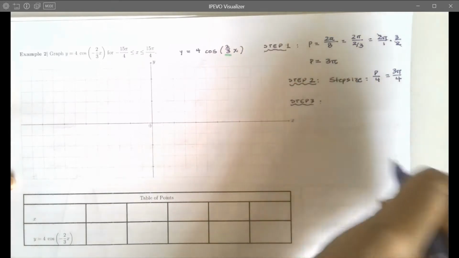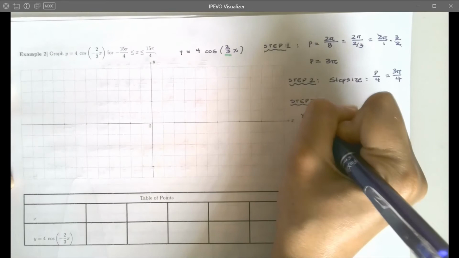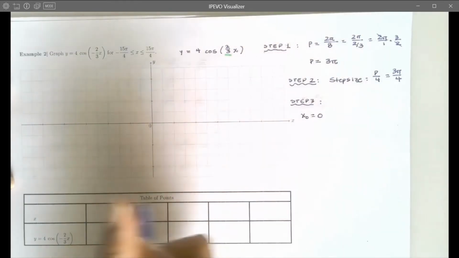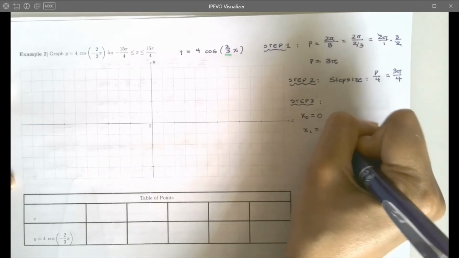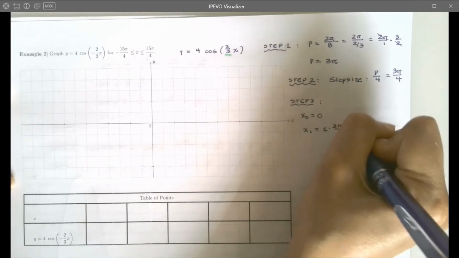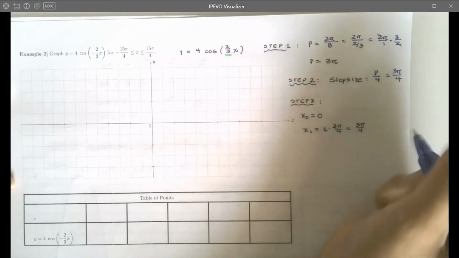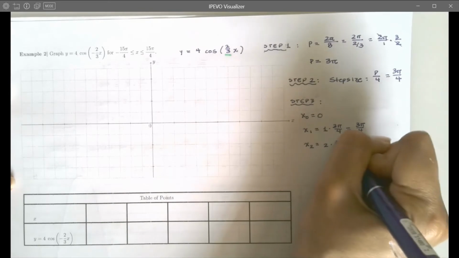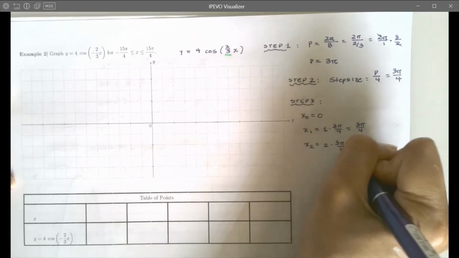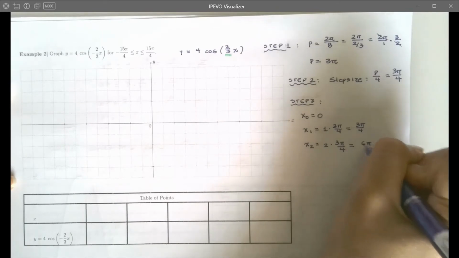Well, next step is to find the x values, starting with x0 being 0. Okay, then x1 we can find by taking the step size and multiplying by 1. So 1 times 3 pi over 4, which is just 3 pi over 4. Then x2 is going to be 2 times 3 pi over 4, which is going to be 6 pi over 4.